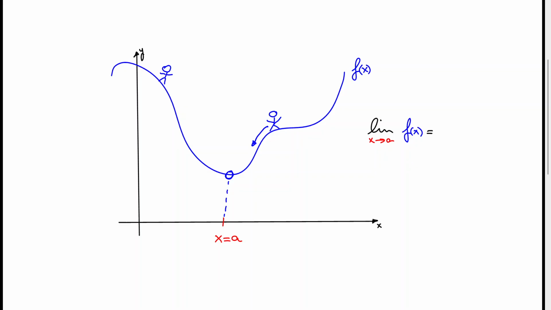Can we predict what your destination is without seeing you get to the destination? Like f of x is a highway, and can we make a prediction from your driving where you're going? If we are able to make that guess, we call that the value L, and that value is a number on the y-axis.